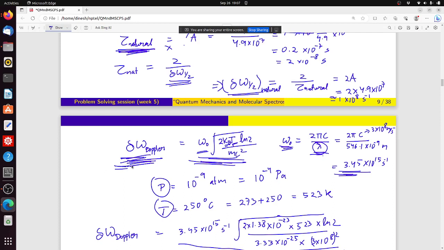I thought you guys already know about this. In week 5 sir taught this, about this Doppler line width. So I guess you already know this in chemistry, so I put this problem for you. It's okay, next class maybe I'll give you some explanation about this.